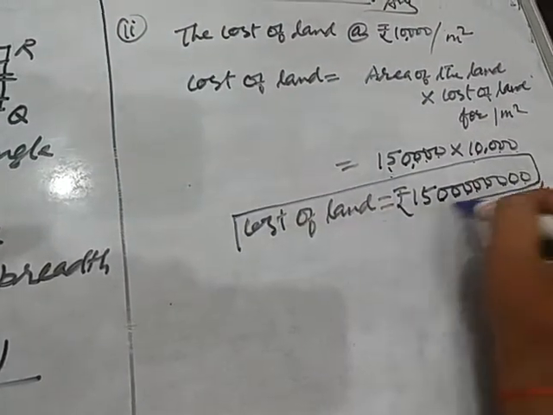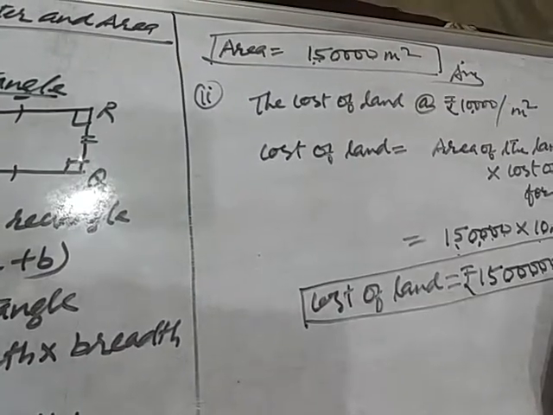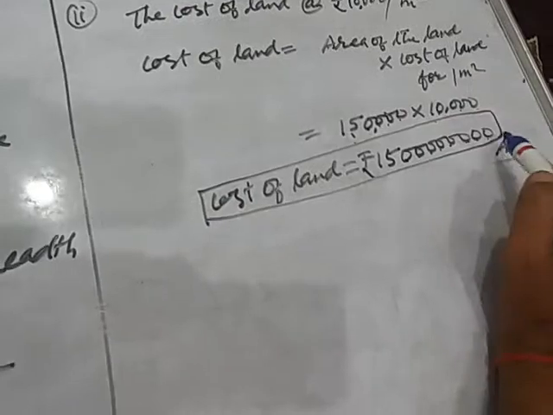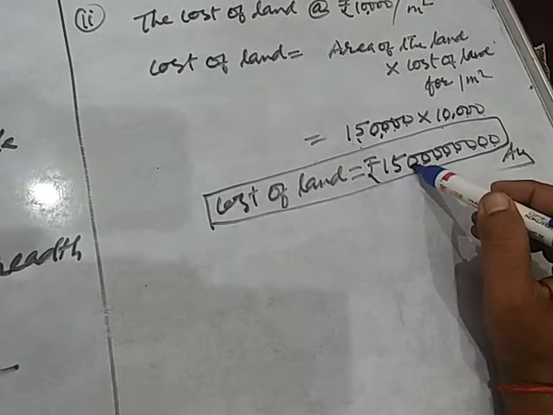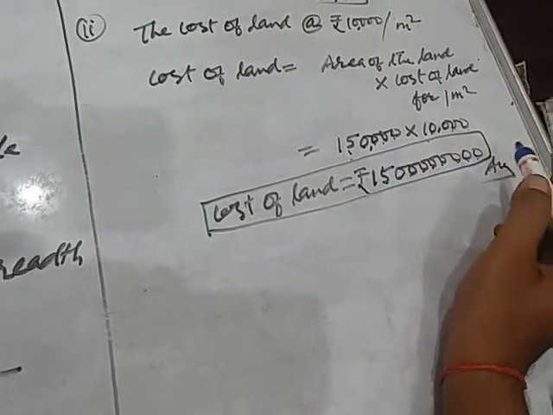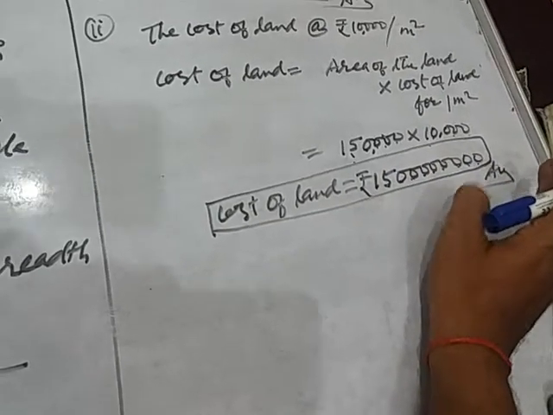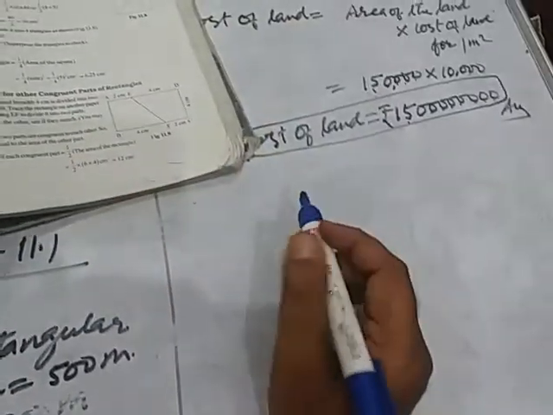This is the cost of land, and this is the area of the land, that is 1,50,000. You have to write down cost of land. First question, did you understand? Okay children, now similarly you can solve the other question also.